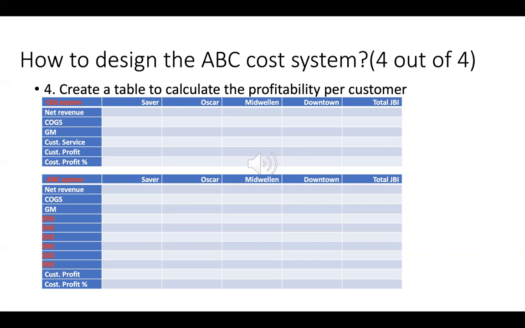After you have all this, you should be able to compare the numbers you get on the different systems, the old system versus the new system, and you can see what the real issue is, right? Which activity really generates the most cost, and what is the different price you will offer on the new ABC system. Okay, so that's basically it.